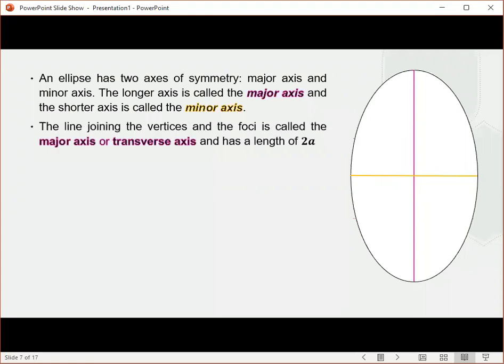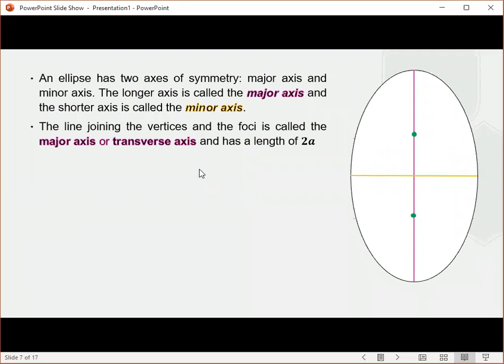Now, the line joining the vertices and the foci is called the major axis or the transverse axis. So another term for major axis is the transverse axis, and the length is 2a. As you can see here, we have two dots here, the green dots. These are the foci of the ellipse.